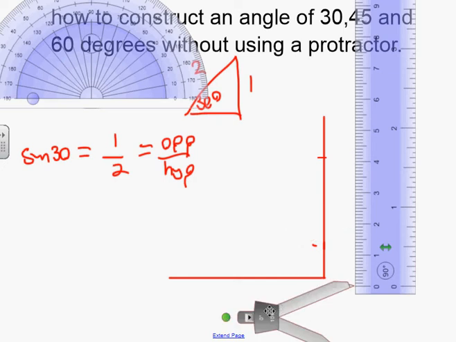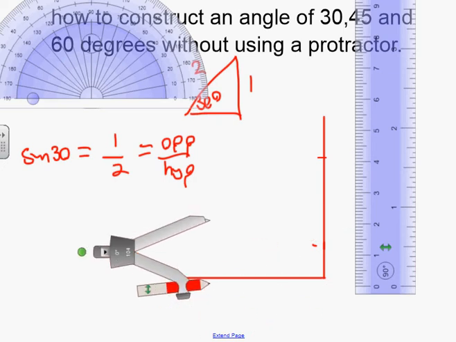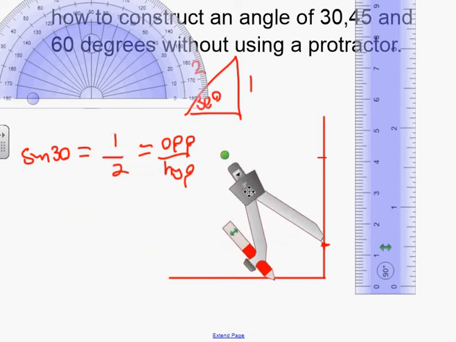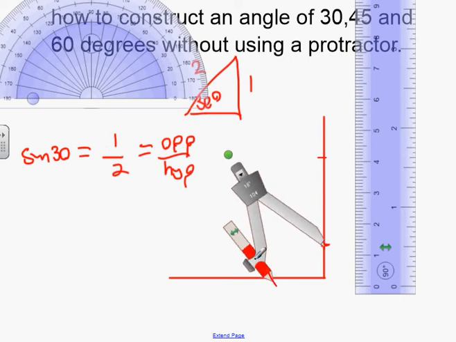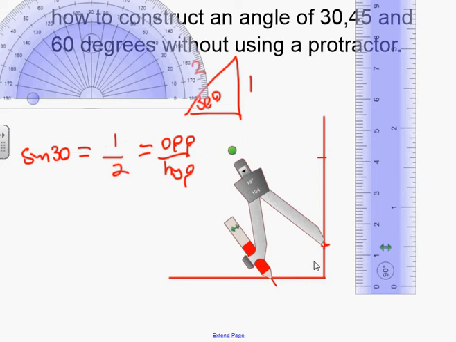Then what happens if you go up to where your 1 was marked? Your 1 was marked here, wasn't it? That's 1 centimeter off the ground. What happens then when you come across with your protractor and you mark it down from here? What automatically is the length of that then? It's automatically 2 centimeters, isn't it?